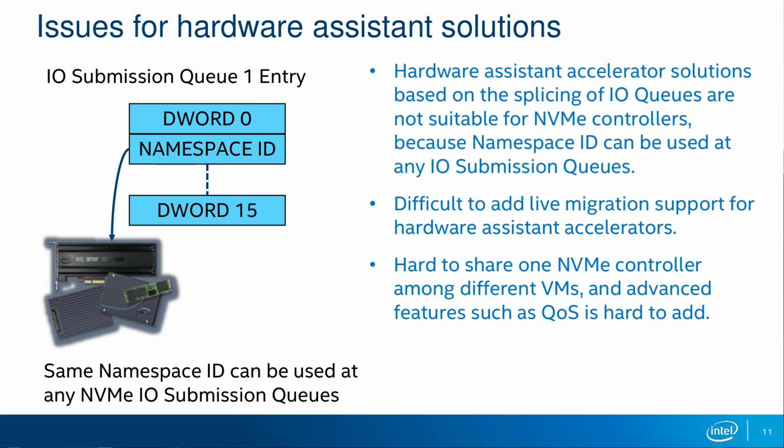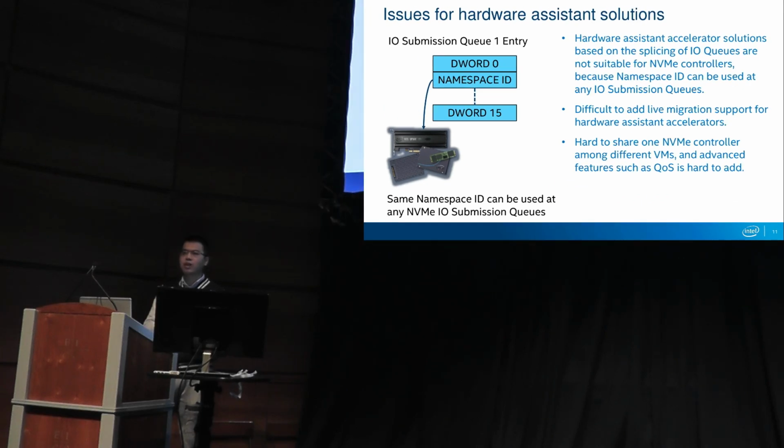So why do we need SPDK's solution? Since there are still some issues related to the hardware. The first issue is related to the namespace. If you are familiar with the NVMe protocol, you know that if you use the IOQs to submit a request, you need to identify the namespace ID. The current hardware solution can use SR-IOV-style IOQs to share the IOQs among the VMs.